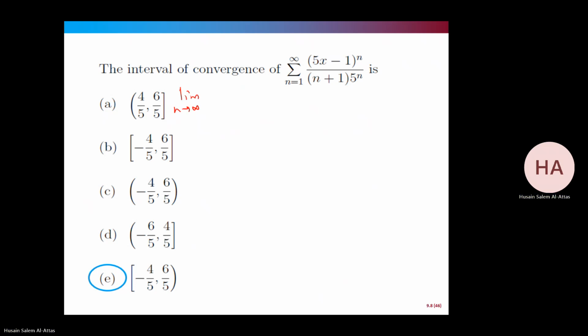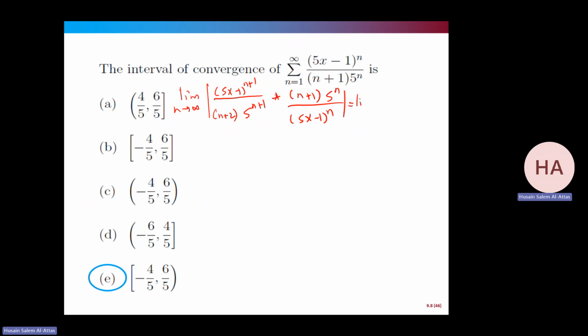You have 5x minus 1 to the power n plus 1 over (n plus 2) 5 to the power n plus 1, times the reciprocal of 5x minus 1 to the power n over (n plus 1) 5 to the power n. That will be the limit as n goes to infinity of 5x minus 1 over 5, times (n plus 1) over (n plus 2).